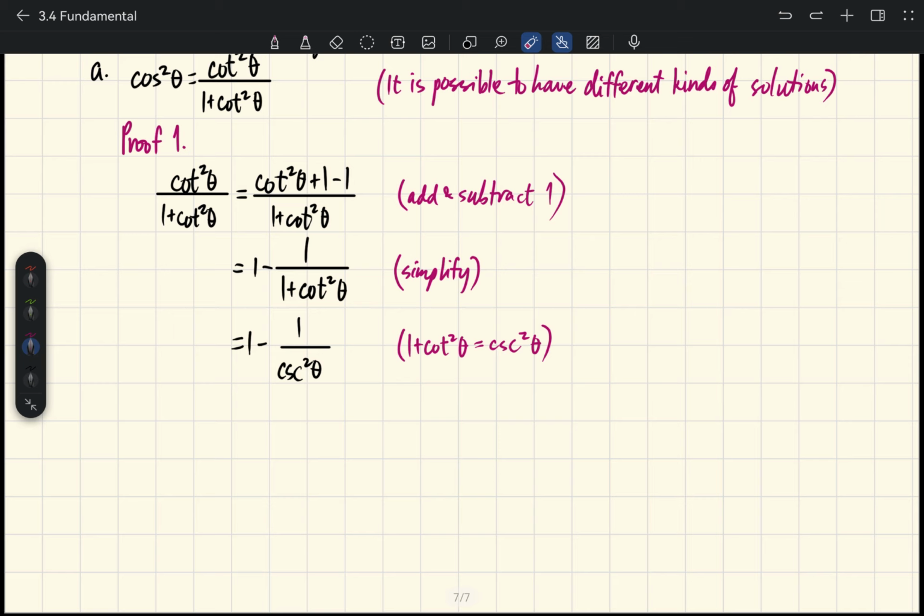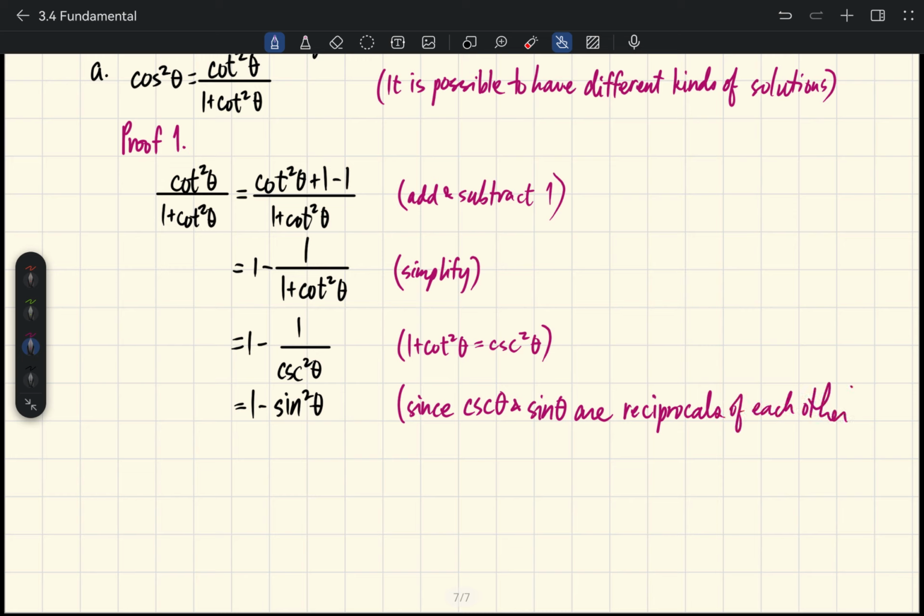So this one right here is just 1 minus sine squared theta. That's because cosecant theta and sine theta are reciprocals of each other.